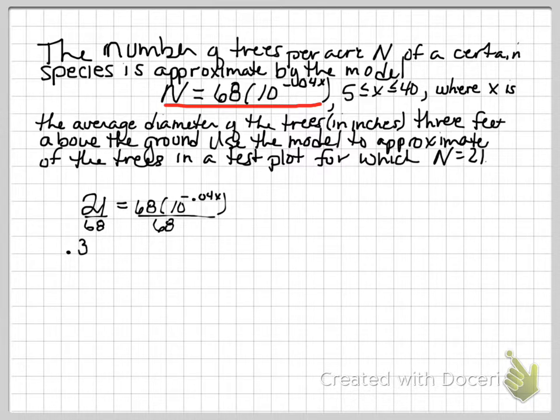0.3088 is equal to 10 to the negative 0.04x. Okay, we need to get the x out of the exponent, so we're going to take the log of both sides. And this time, because it's base 10, we're just going to use LOG.